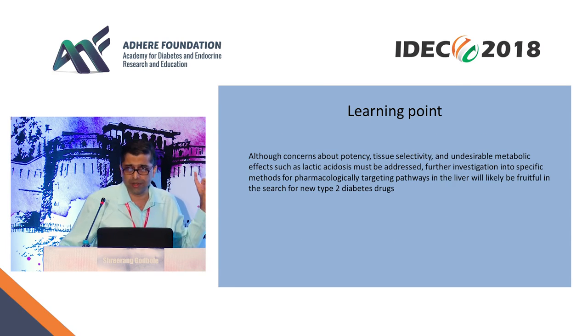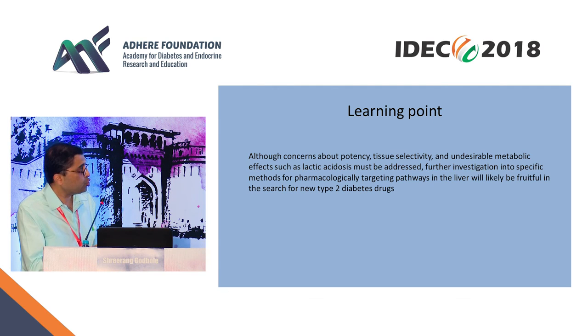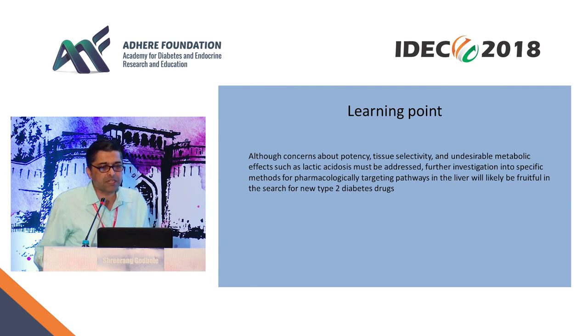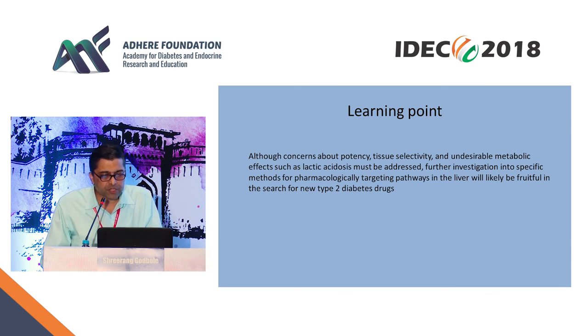So the last learning point is, although there are concerns about potency, tissue selectivity, and undesirable metabolic effects like lactic acidosis for all these liver-targeting drugs, further investigation into specific methods for pharmacologically targeting pathways in the liver will likely be fruitful in the search for new type 2 diabetes drugs.